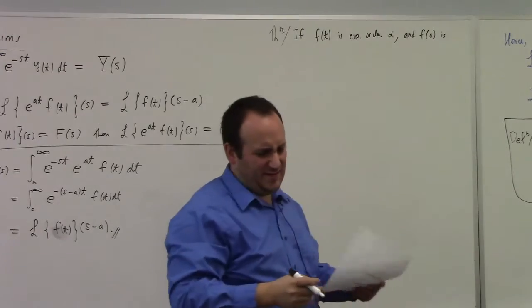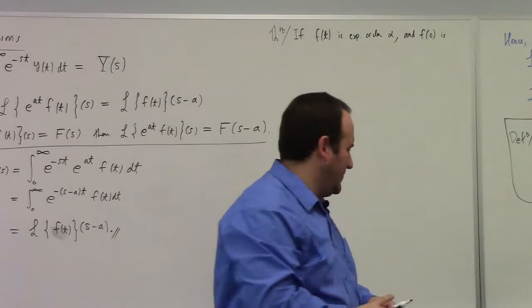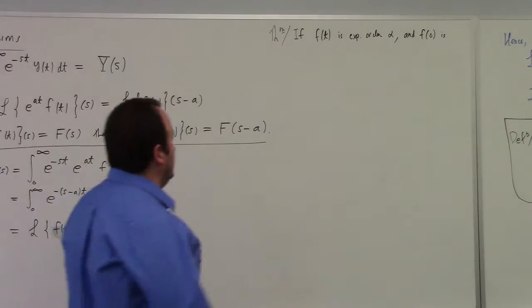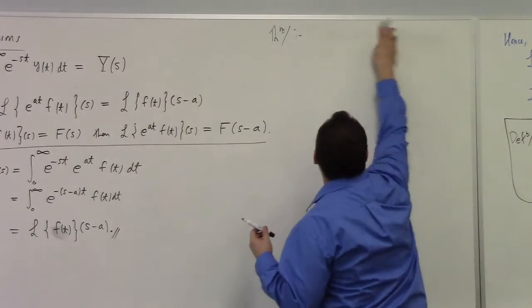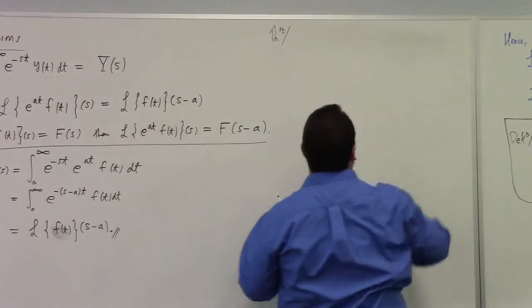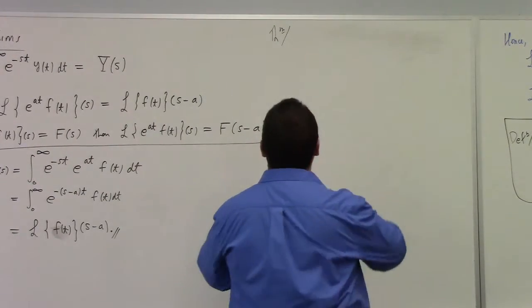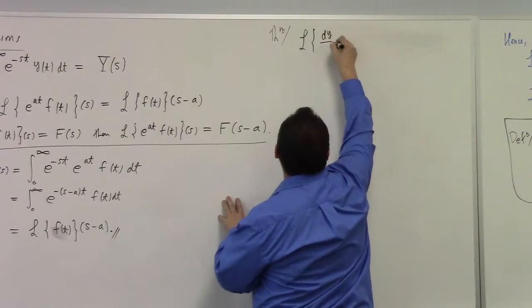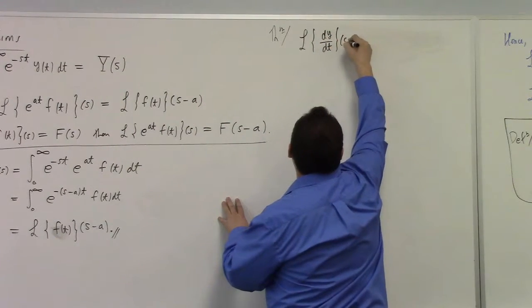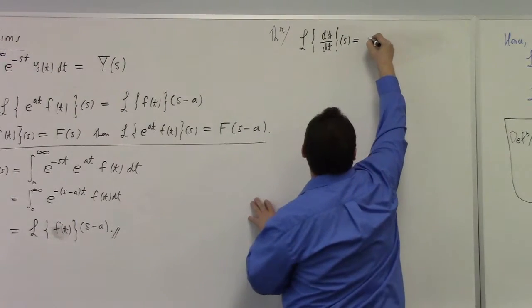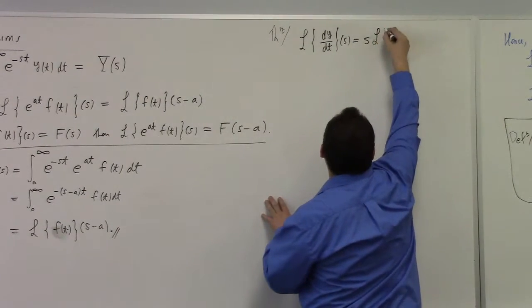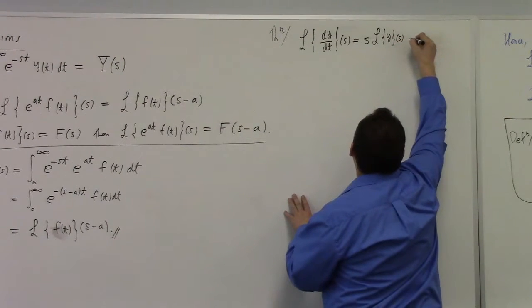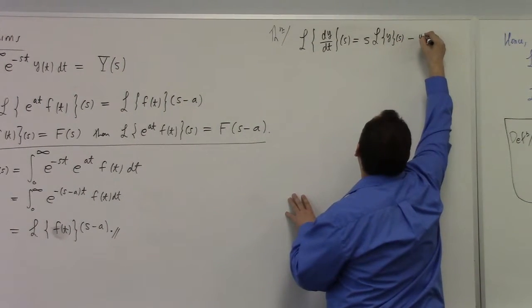Let me just get to the point here. The Laplace transform of dy dt is equal to s times the Laplace transform of y at s minus y of 0.